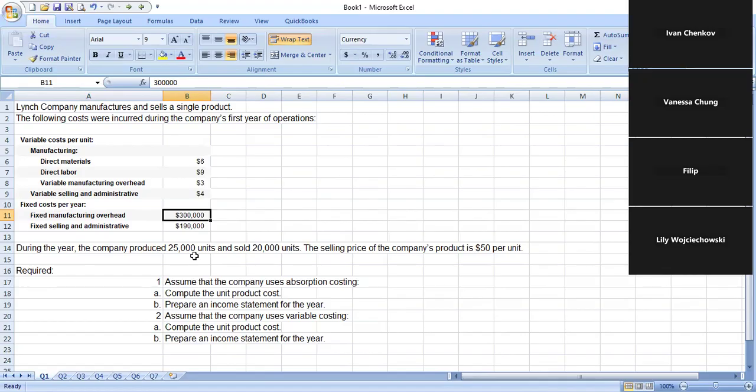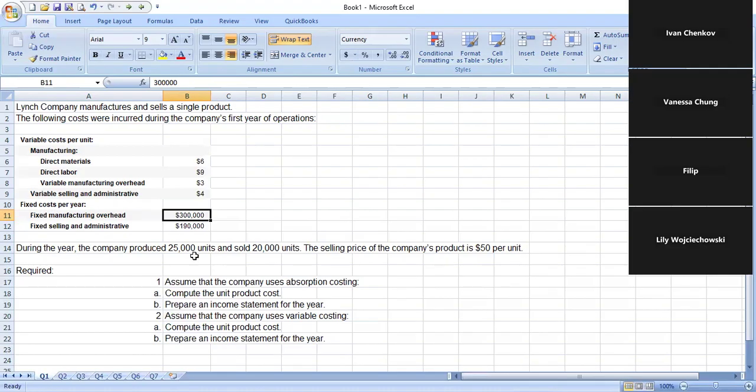Once you briefly see this information, jump to the requirements and think, for this requirement, what kind of information do I need? The first one is to assume the company is using absorption costing. That means that on top of the variable costs, they have to absorb something else: the fixed manufacturing overhead.